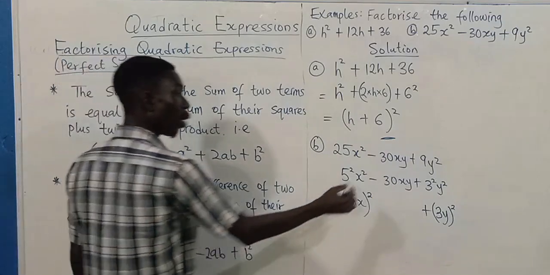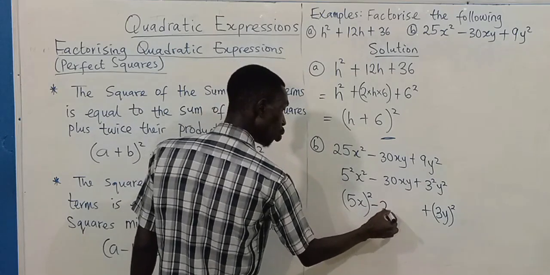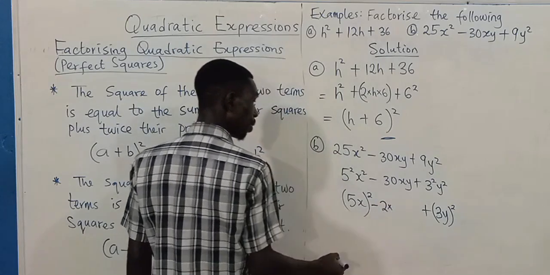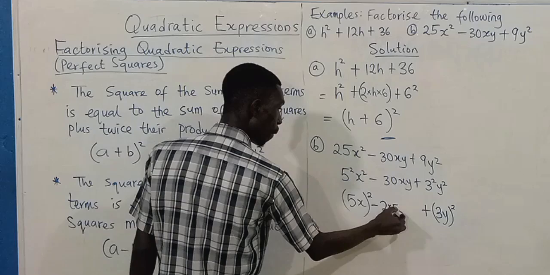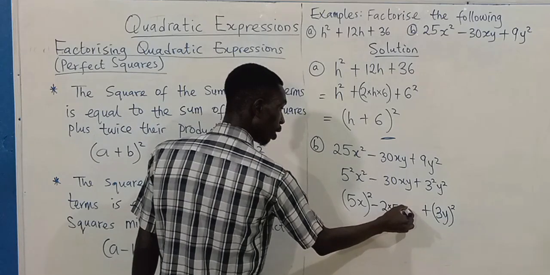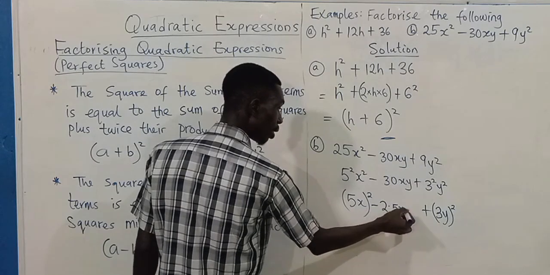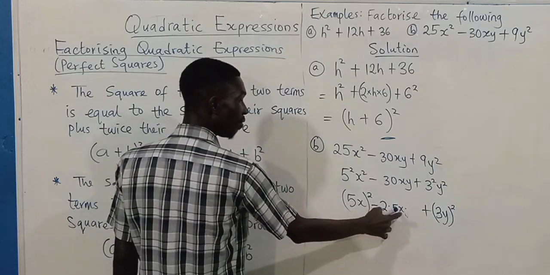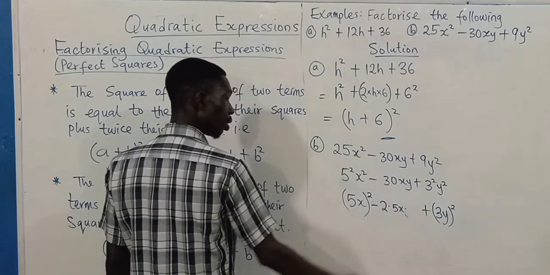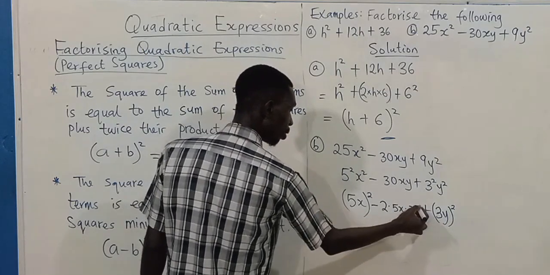Okay? Now we can express the middle term as minus 2 times 5x. Let me use dot product for better understanding. 2 times 5x times 3y.